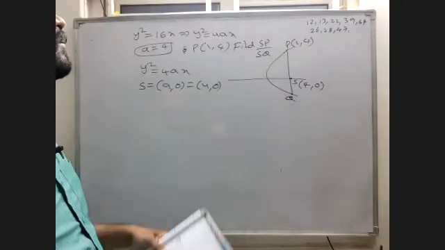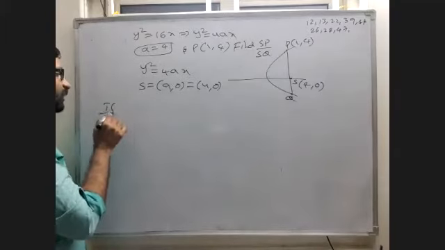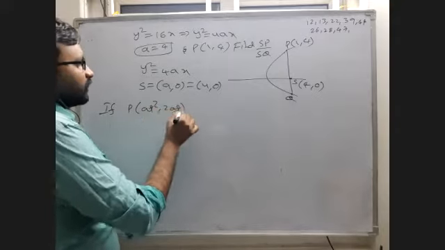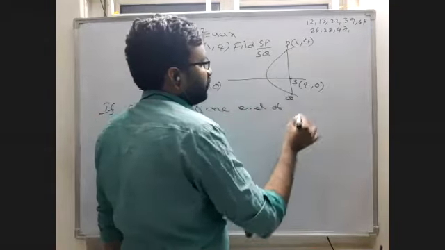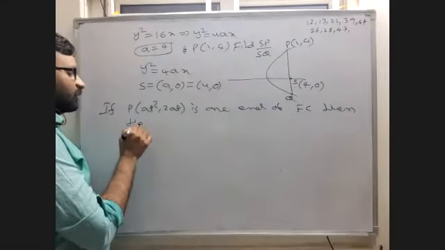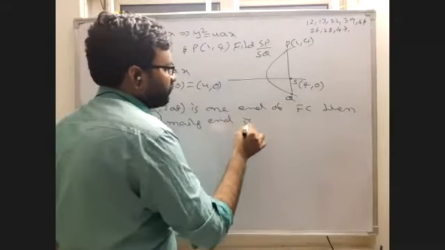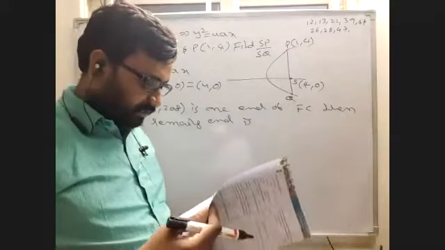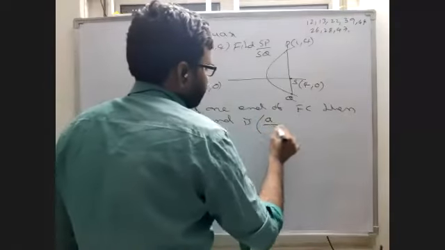See here, P is 1 comma 4. We have a notation. If P is a t square comma 2at, one end of a focal chord, then what is the formula for the remaining end?